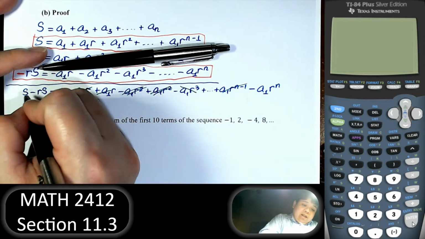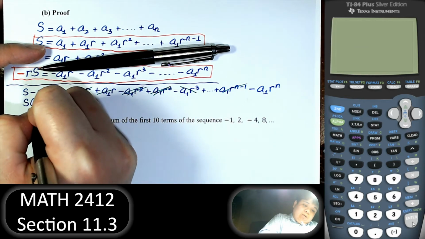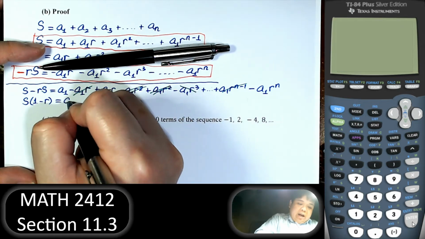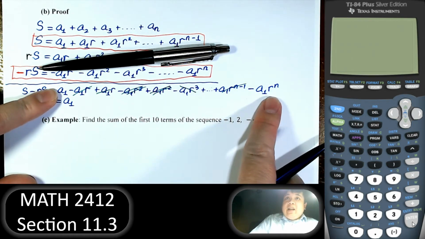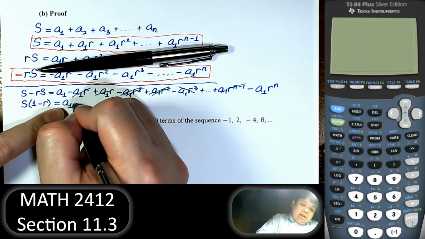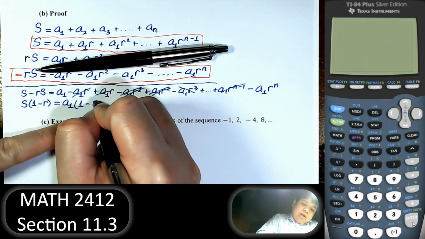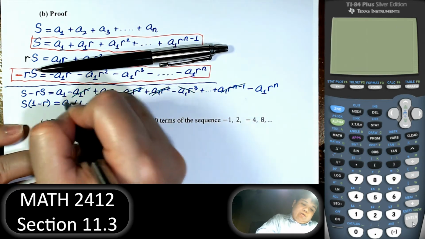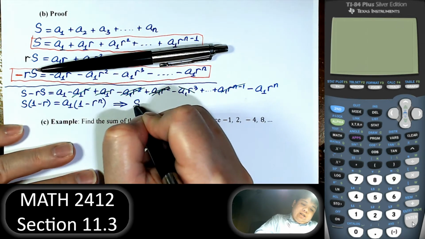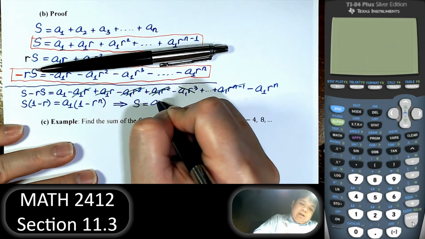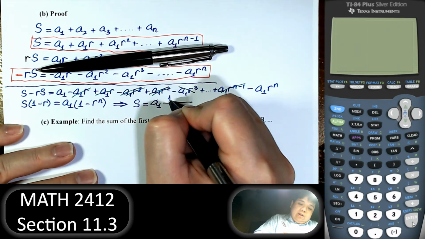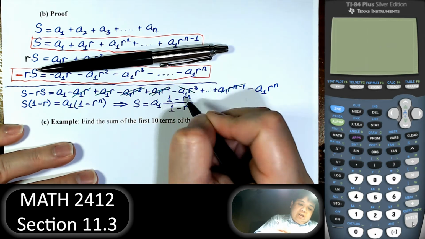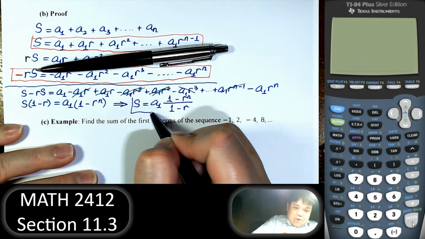When we cancel everything, on the left hand side I will factor out S and get 1 minus r, and on the right hand side all we have is just the first term and the last term, where I factor out a1, and we have 1 minus r to the n. Then we solve for S. We're going to have a1 times 1 minus r to the n over 1 minus r, and that's the formula we needed to prove.